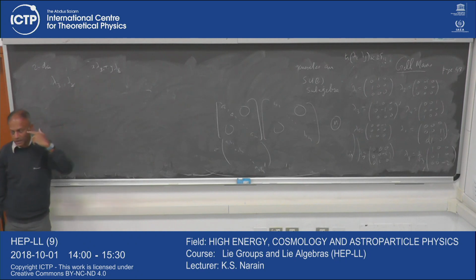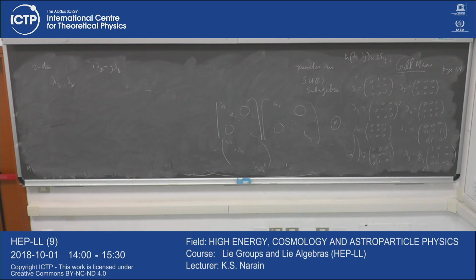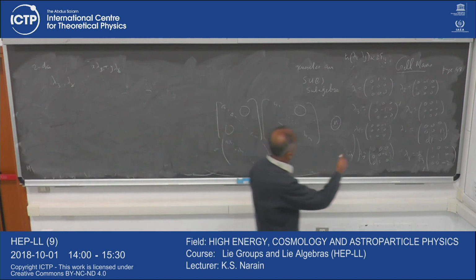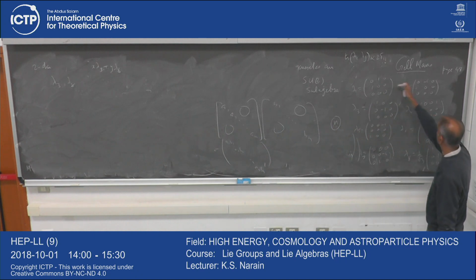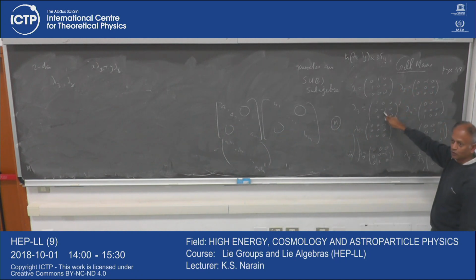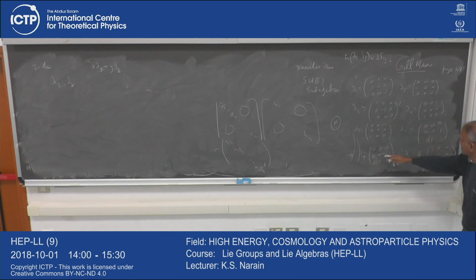But the Cartan is not just an abelian subalgebra, it is a maximal abelian subalgebra, meaning you cannot put anything more in there. If you put anything more inside this, it will no longer be abelian. And that you can easily see. If you try to put this guy or that guy, clearly it doesn't commute with this, right? If you put all these guys, they will not commute with that. Okay?